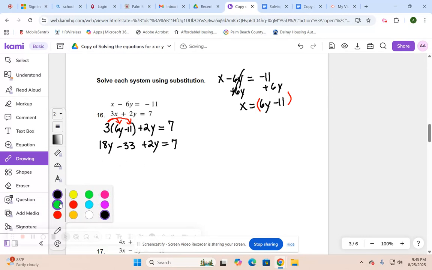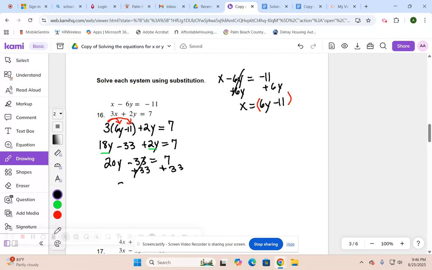Okay, we know that our y's are going to combine. They're like terms, giving us 20y minus 33 equals 7. So we have one term with a variable here, and that's the term you want to get by itself. So we're going to need to add 33 to both sides to get the numbers on one side together.